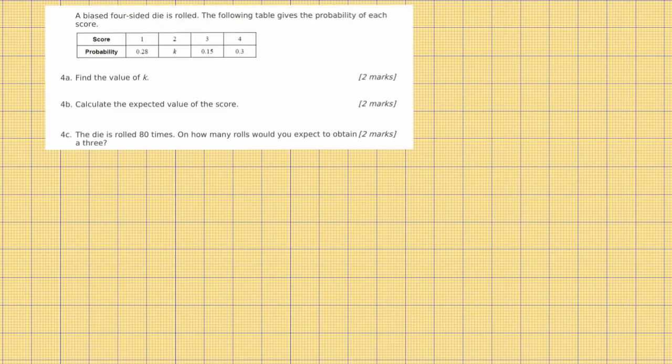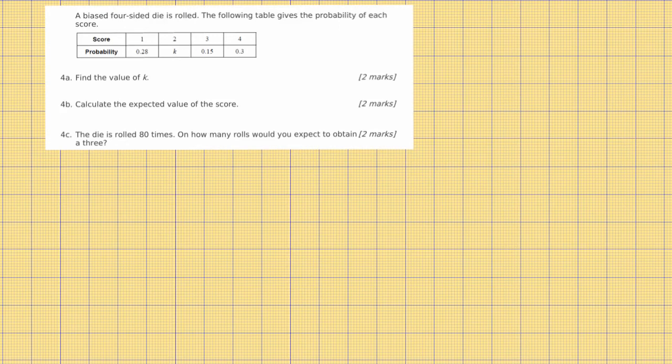Another typical IB question might be as follows. A biased four-sided die is rolled. The following table gives the probability of each score. A. Find the value of k. We know that the probabilities must add up to 1.